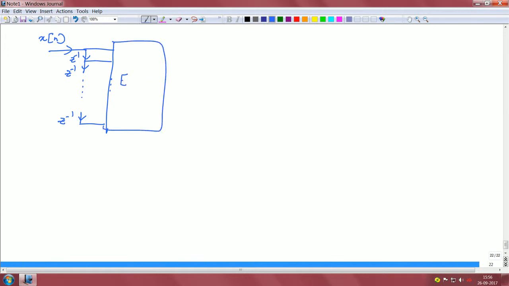We have E of z power m, which is our analysis filters in polyphase form. We have downsamplers in each of the branches.